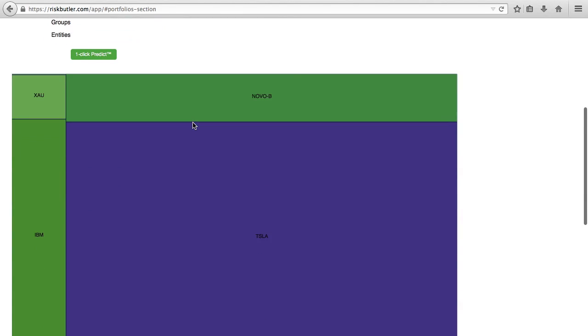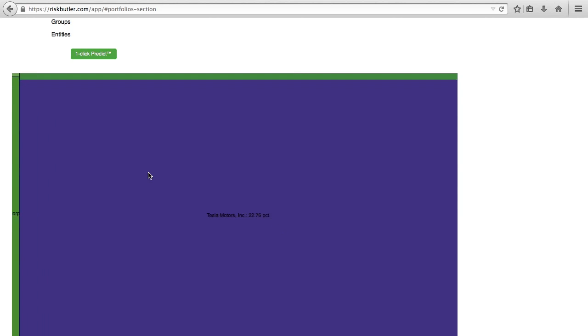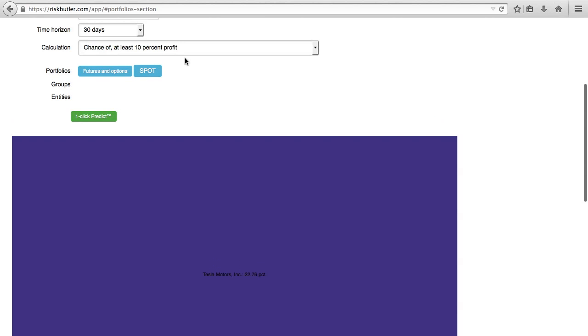And if you want to look at the actual sizes, the relative sizes between the squares reveal the differences between the positions. And if we click on one of the squares, it reveals the figure for that particular position. So in this case, the Tesla Motors has a 22.76% chance of at least 10% profit in 30 days.